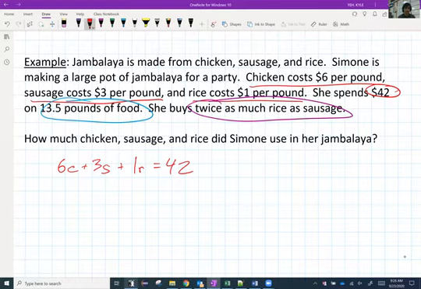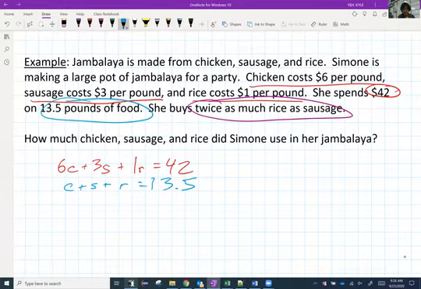That's my money equation. I also know that the pounds of chicken plus the pounds of sausage plus the pounds of rice need to add up to 13.5 pounds.